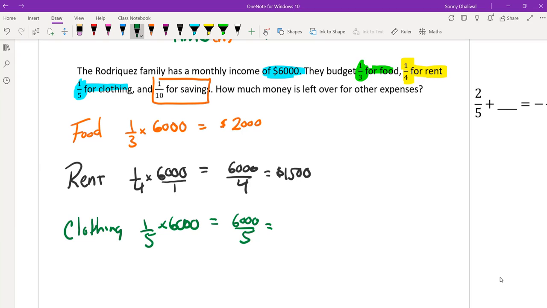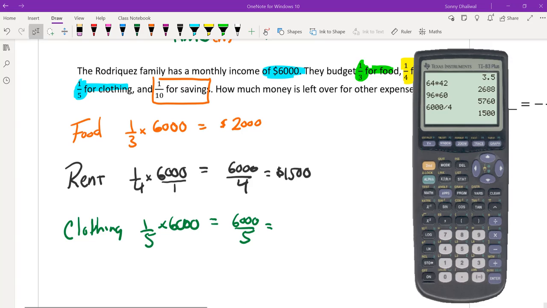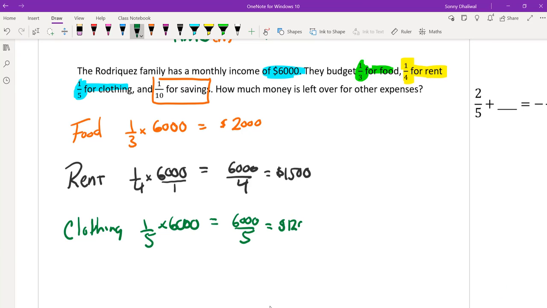Could you just do divided by 5? Actually, okay. So you go 6,000 divided by 5. 6,000 divided by 5 is $1,200 a month on clothing.